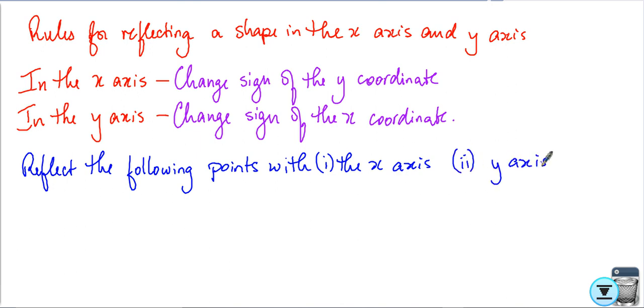So suppose I have a set of points. The points are going to be 2, -4, -5, 2, and the point a, -b. Okay, I have 3 points there.